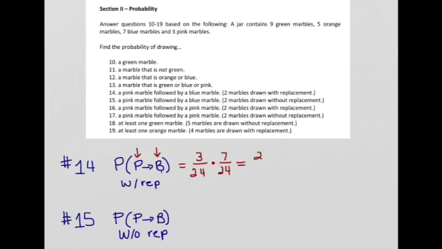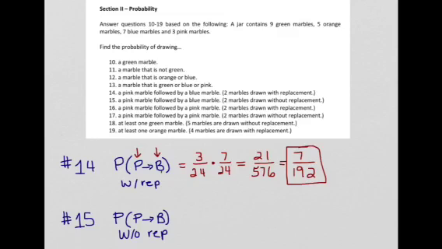And this turns into 21 over 576, and in lowest terms that would be 7 over 192. So that's my final answer in lowest terms.